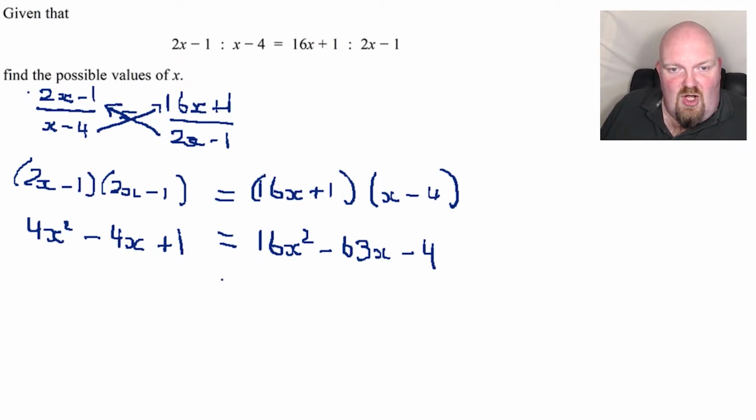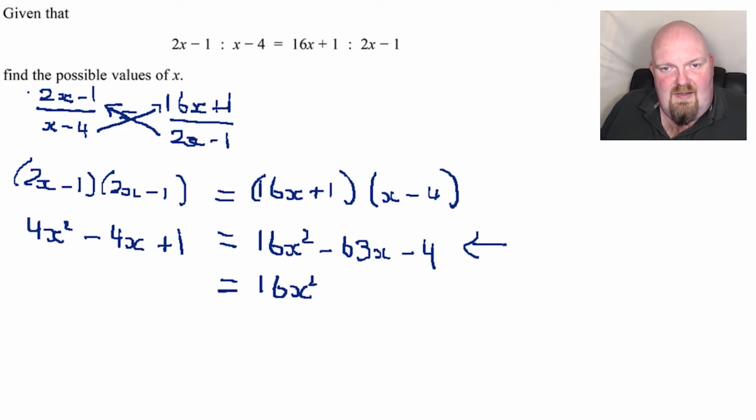What I can start to do is rearrange this and put it into a format that we know the most, okay? So what I'm going to do, I'm going to choose the right hand side as the one that I'm going to keep, okay? So I'm going to have 16x squared take away 4x squared.